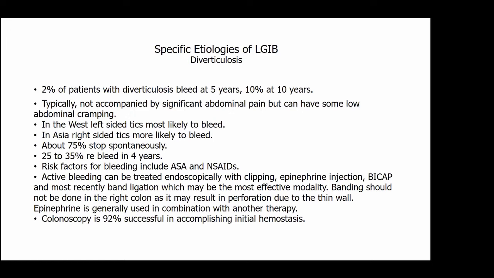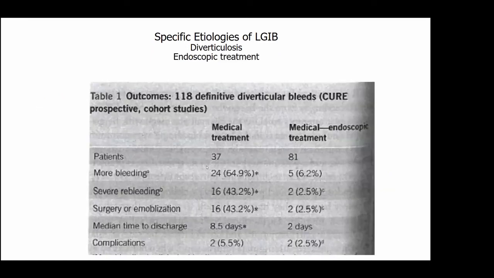Fortunately, colonoscopy is about 92% successful in accomplishing initial hemostasis. And this is just the result of a study of 118 patients with definitive diverticular bleeds, which means that at the time of colonoscopy, they actually saw a diverticulum bleeding.